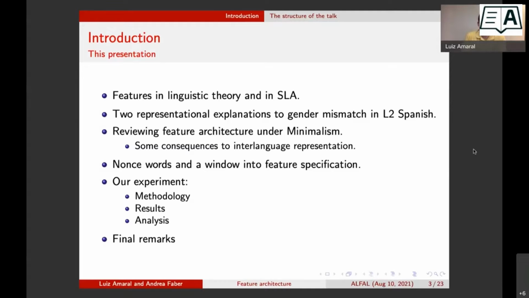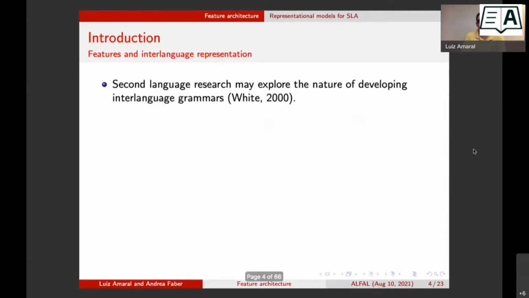And then we are going to review feature architecture under minimalism a little bit, some of the consequences for interlanguage representation. And then we'll show you some results of an experiment that we did with nonce words. And then we explain why we think nonce words are a good window into what's happening with feature architecture in second language acquisition. We talk about the experiment and we make some final remarks.